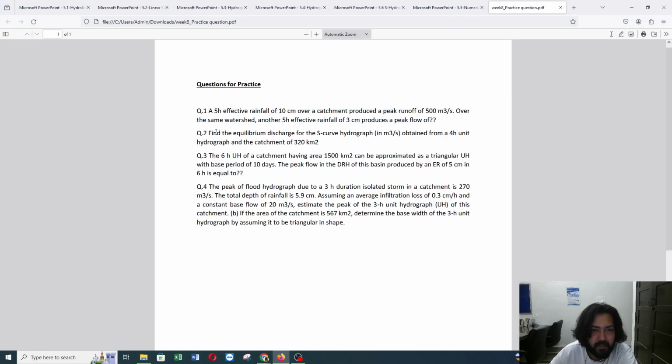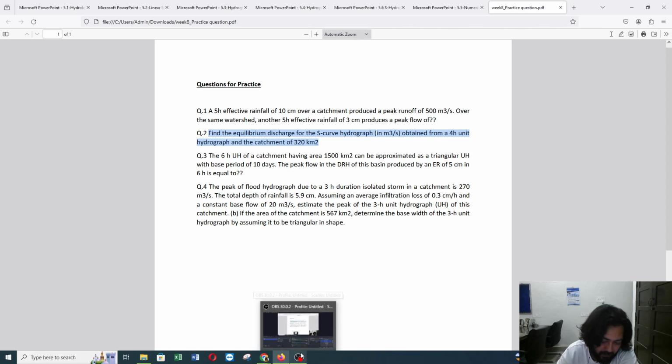Now let us see the next question. The next question is based on the S-curve hydrograph. They are asking us to find the equilibrium discharge for an S-curve hydrograph in meter cube per second obtained from a 4-hour unit hydrograph and a catchment of 320 kilometer square. So the area is 320 kilometer square and the time duration is 4 hours.